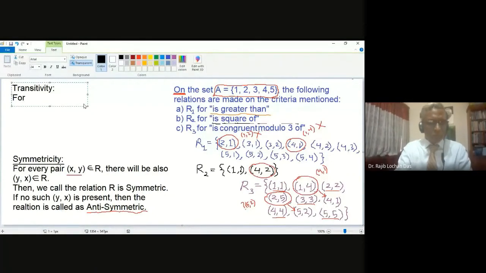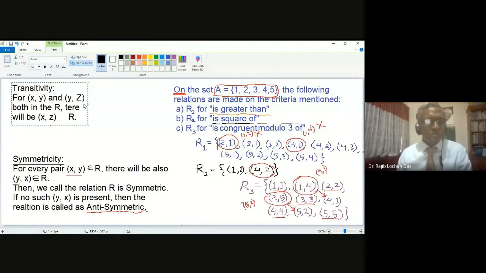For x comma y and y comma z both in the relation, there will be x comma z also in the relation.